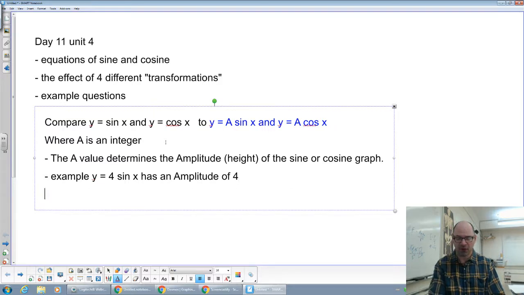The other thing that we found out, if the a value is negative, then the max values are switched with the min values of the original graph.